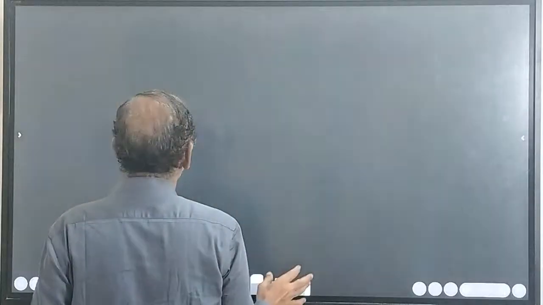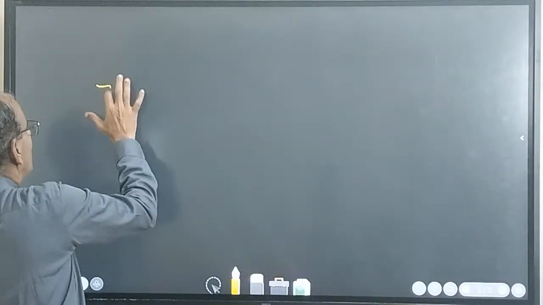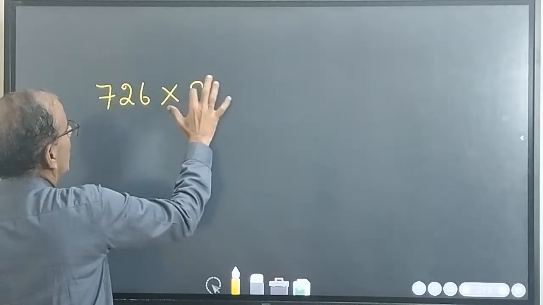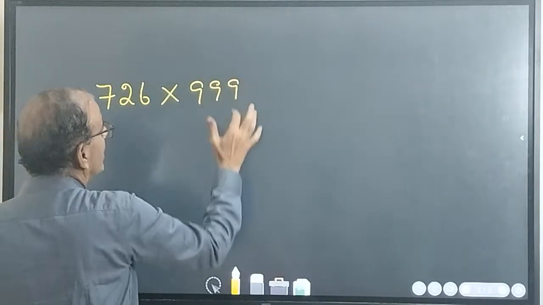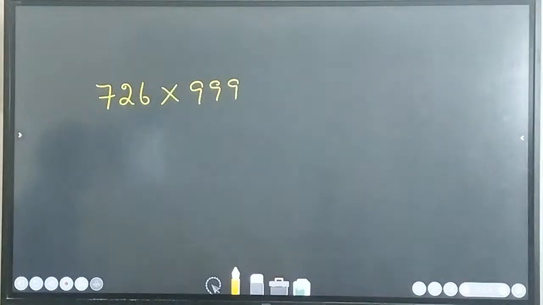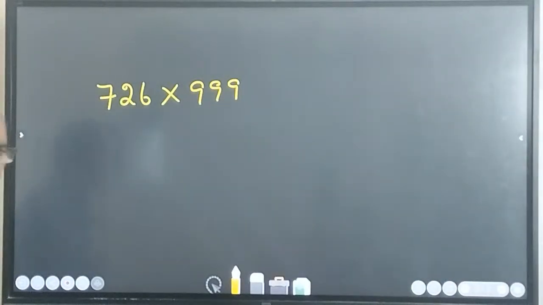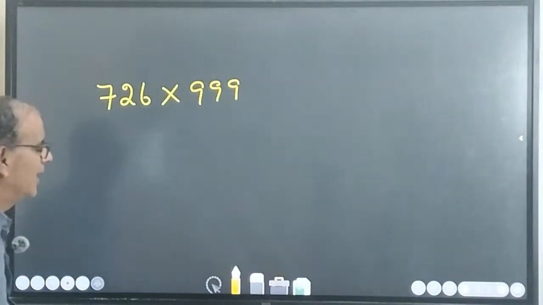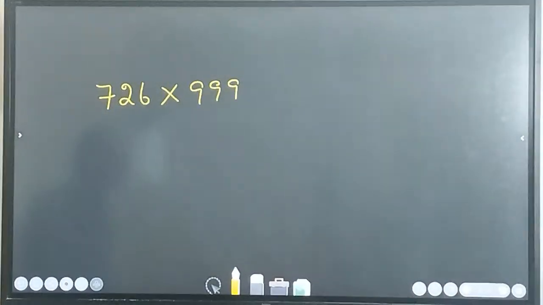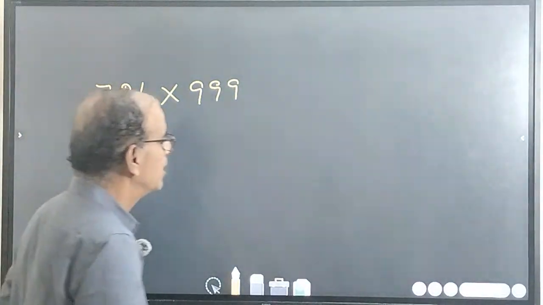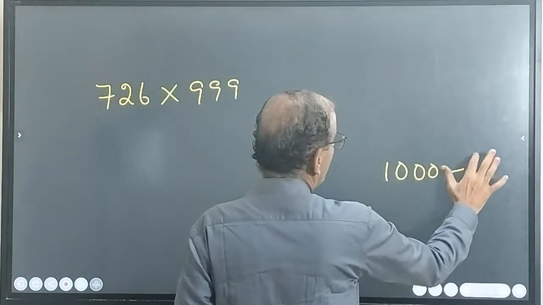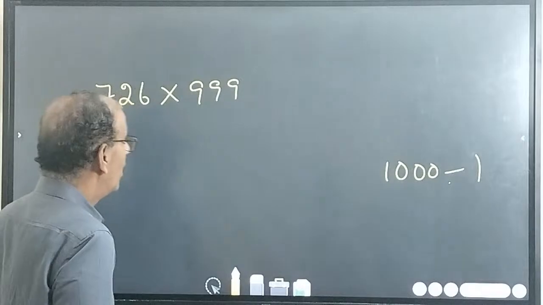Next multiplication is 726 into 999. How can we multiply easily? 726 into 999. 999 is near 1000. That is 1000 minus 1. What you do?